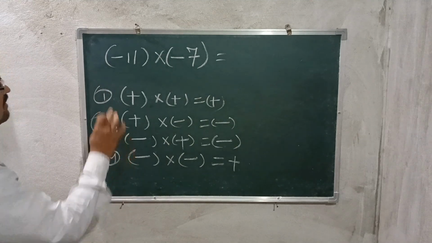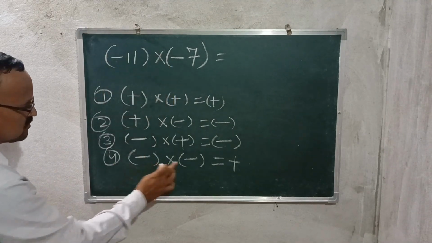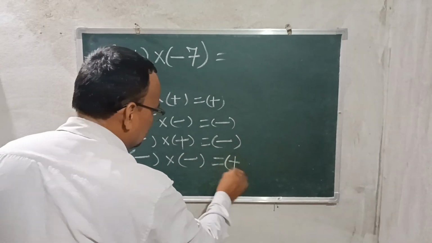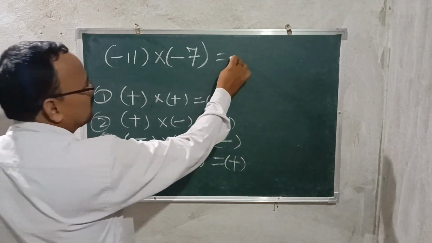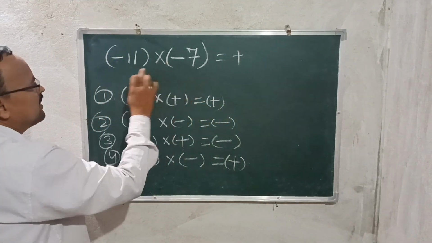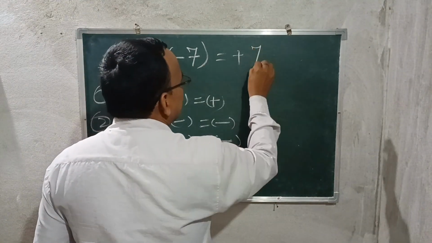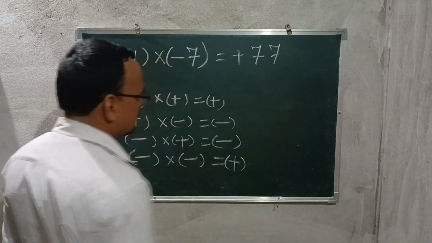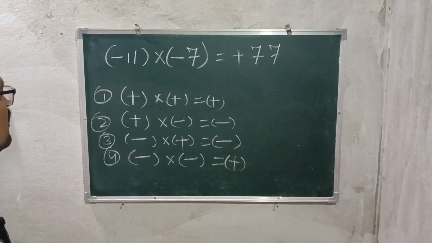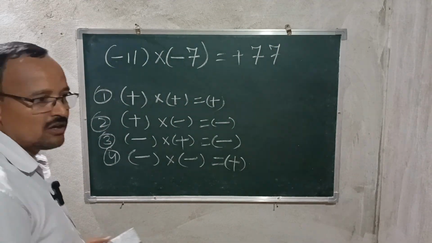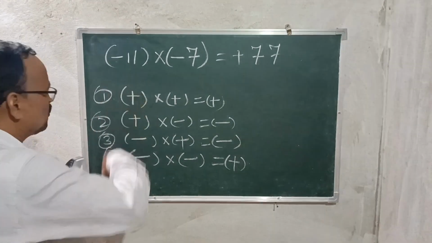Minus into minus, the result is plus. So plus 11 into 7, 11 sevens are 77. Like that, we can find the product by using the rules.